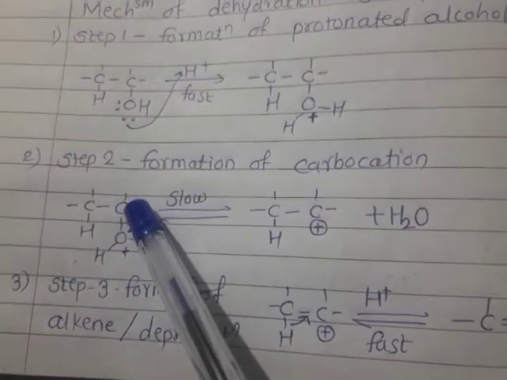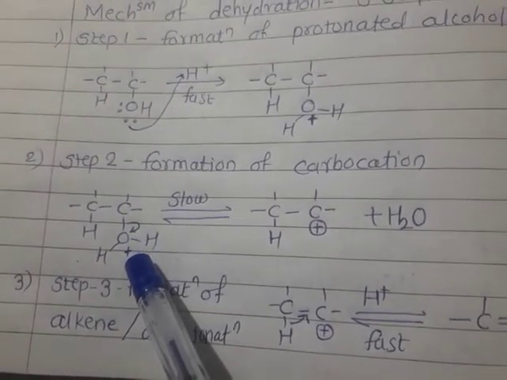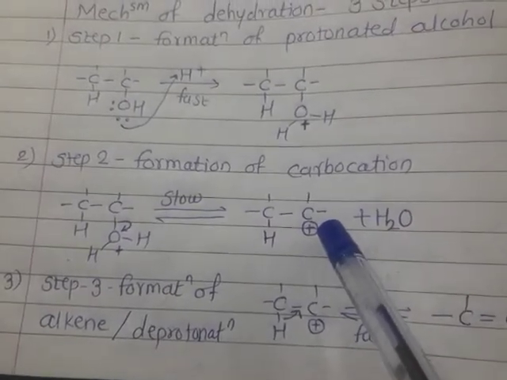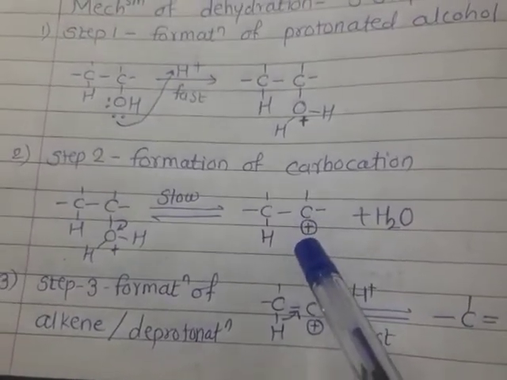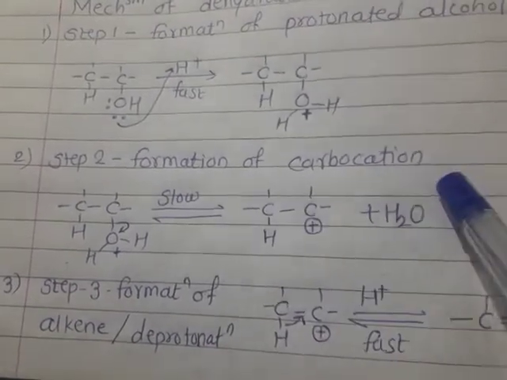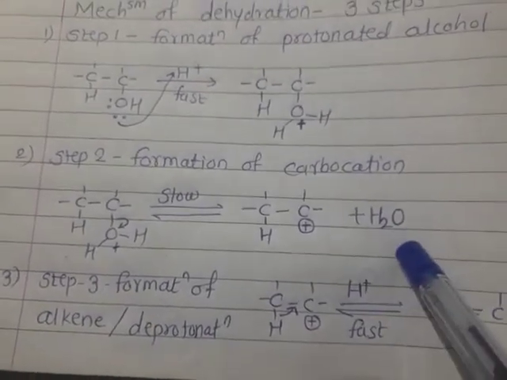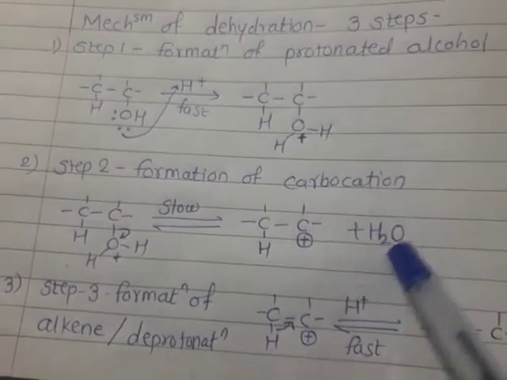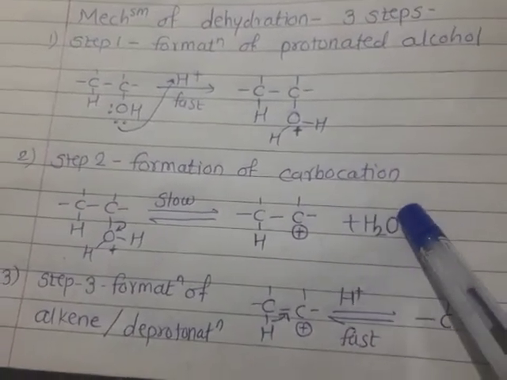So carbon gives electrons to this oxygen and therefore carbon gets positive charge and we get a carbonium ion. So that is step 2, formation of carbocation plus water. Water is the byproduct. Dehydration means water must be there.